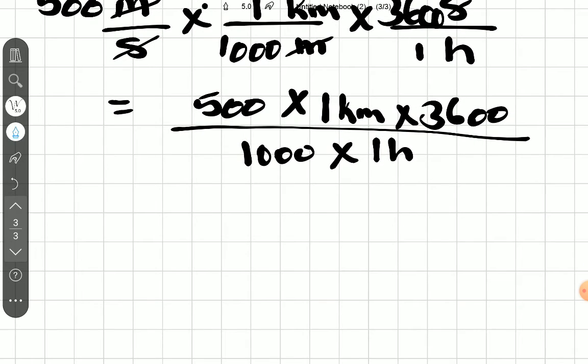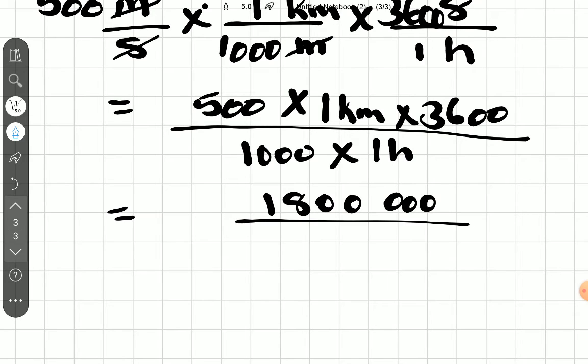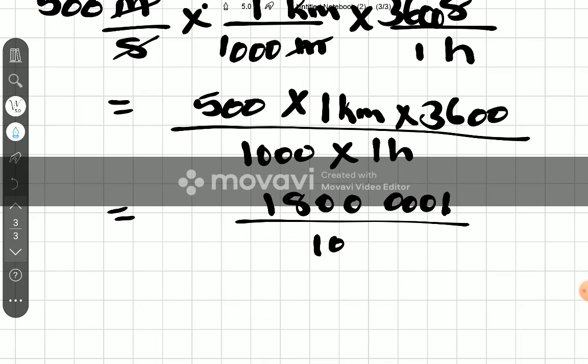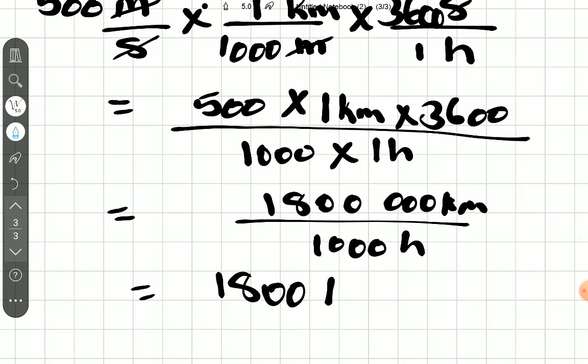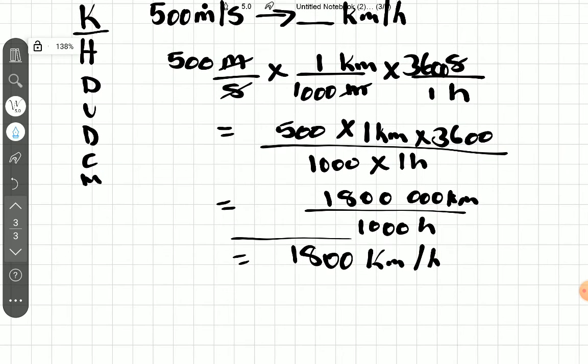So then now we can simplify. 500 times 3,600 is 1,800,000, divided by 1,000. So this is kilometers over hours, and then we simplify that, and we get 1,800 kilometers per hour. And that's the final conversion.